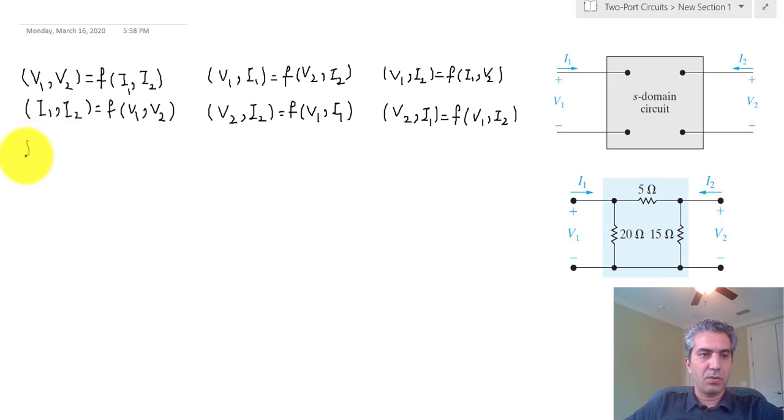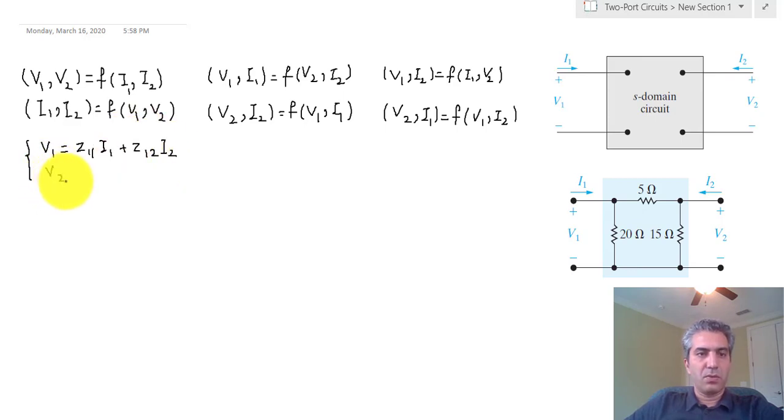So we're going to write V1 as a function of I1 and I2. It's a linear circuit, so it would be a linear function of I1 and I2, and there's no independent source inside, so it would be in this specific form that I'm writing. It's going to be Z11 I1 plus Z12 I2, and I'll tell you why we call these Z11 and Z12 later on.